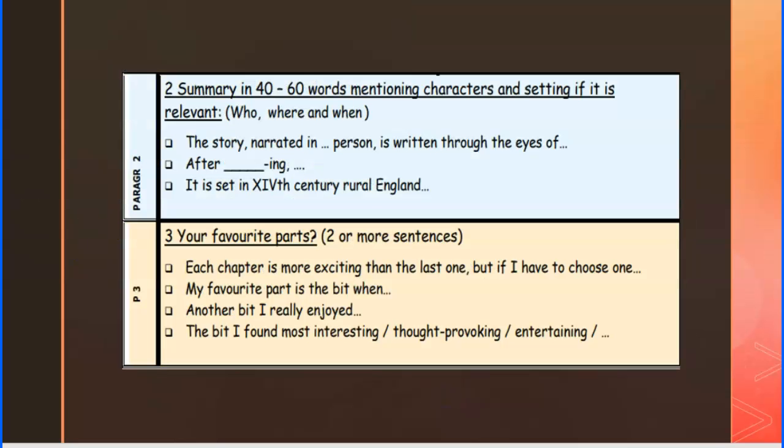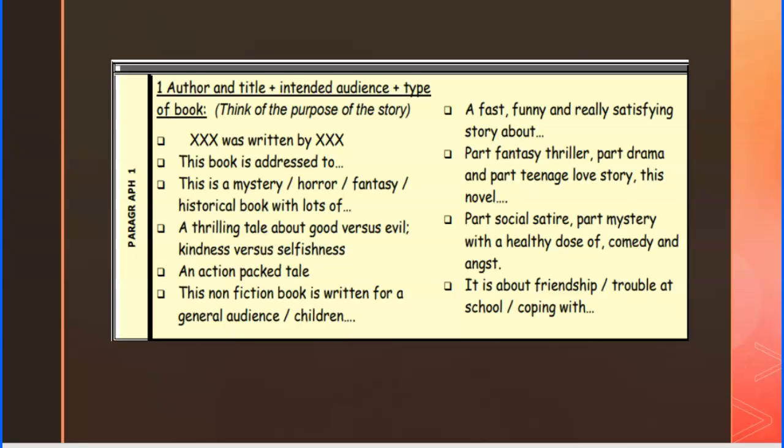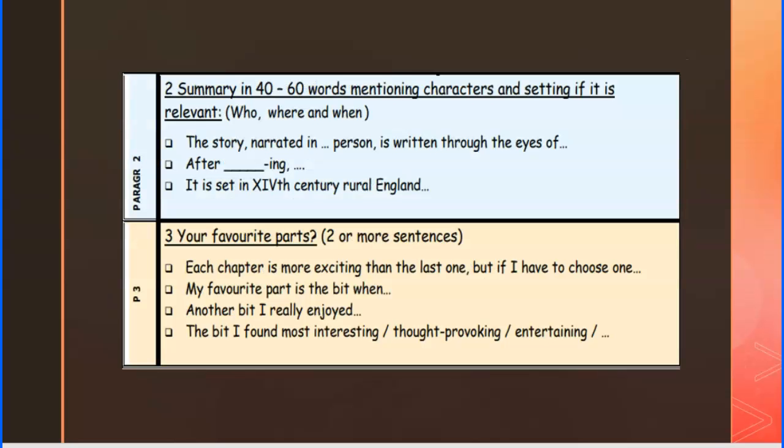Then in paragraphs 2 and 3, these are some things that you can use, especially when you get down to the third body paragraph and the conclusion. You can use things like this: each chapter is more exciting than the last, my favorite part, another bit I really enjoyed. But I think this first one is much better with the vocabulary than this one.